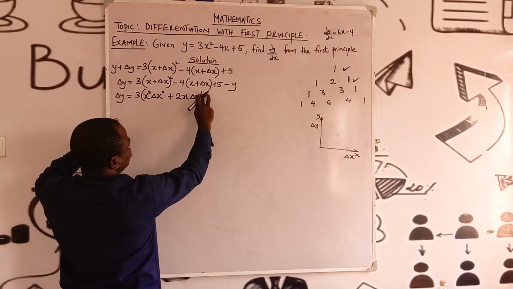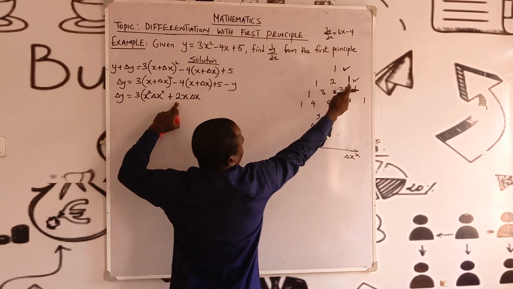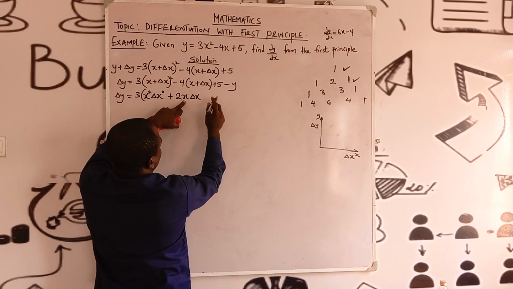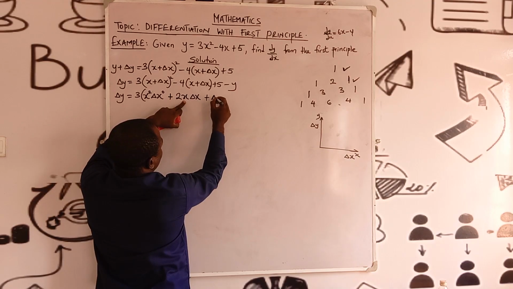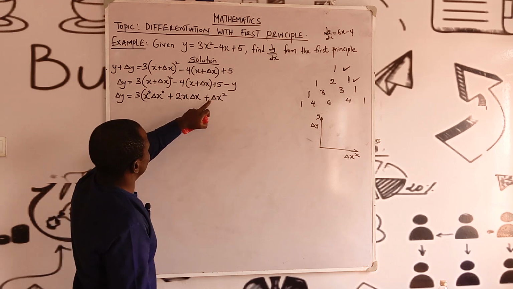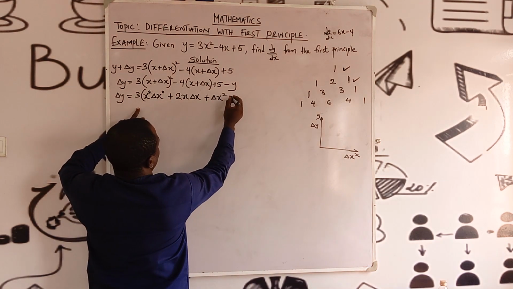Is that okay? But you don't need to put it, just put dx. Followed by the next one. This x now will disappear, plus dx squared. See that it's 1. We have introduced 1 to 1. Okay?